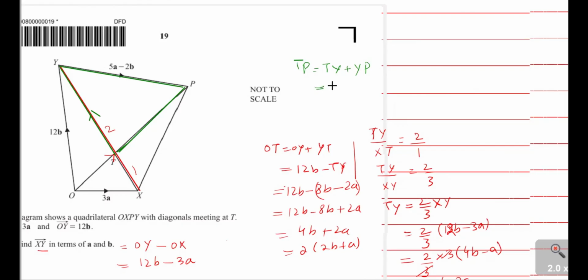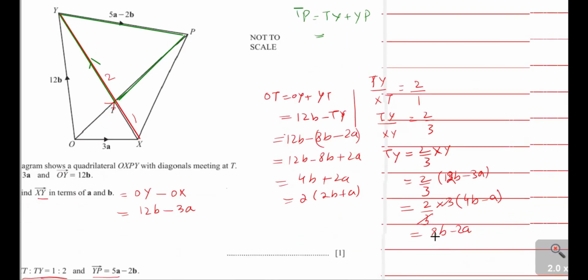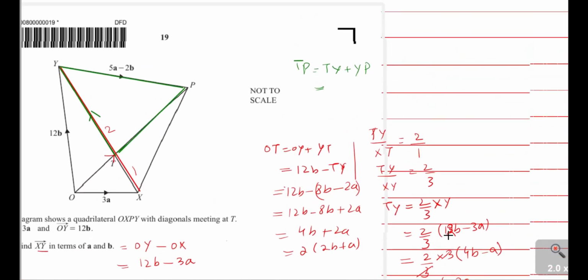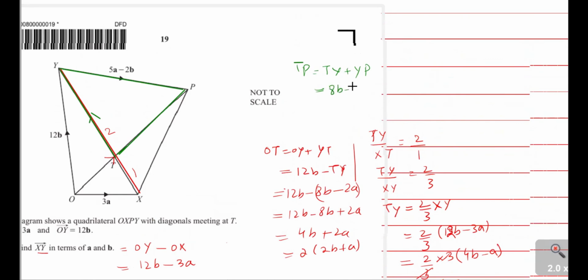And TY here is 8b minus 2a, and YP, look here, this is 5a minus 2b, and this value equals 8b minus 2b, 6b plus 3a, and 3 is common, we write 3 into 2b plus a, and this is the TP value.